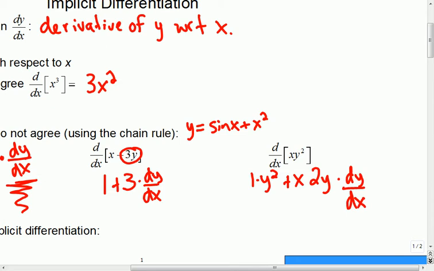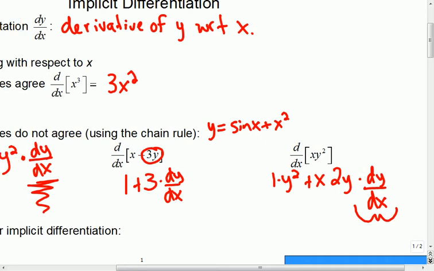Okay? So far that's the only real new part of this, that you can't forget the extra piece here. When you're differentiating with respect to x and the variables don't match, you have to keep track of those missing derivatives. So now I'm going to show you how this actually works out and why it's to our advantage to know this. There's a couple of techniques we're going to learn.